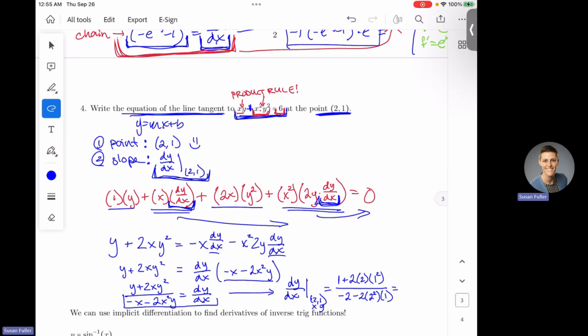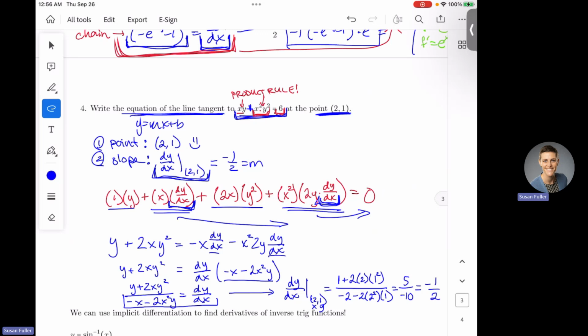On top I've got 1 plus 4. That's a 5 on top. On the bottom, I have negative 2 minus 8. Negative 2 minus 8 is negative 10. So this tells me that the derivative, my slope at (2, 1), is negative 1/2. So up here, my slope, negative 1/2, that's my m.